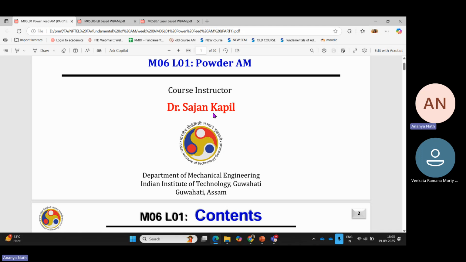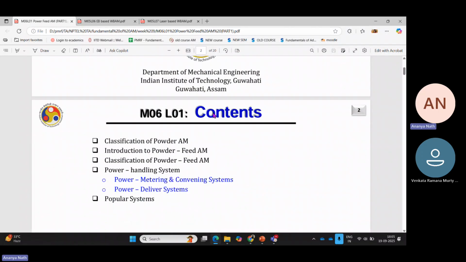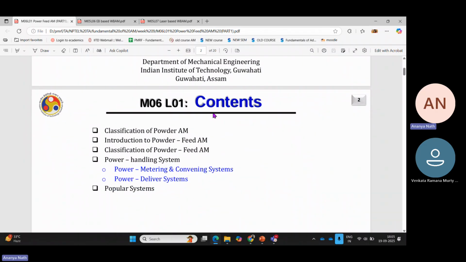Now the wire was getting melted using an arc source or a plasma source. The plasma AM was also there. All these types of processes come under the umbrella of directed energy deposition. WAM is one of the DED processes. Now today we are going to use the powder-based DED process, where in directed energy deposition, the powder is fed from a nozzle.